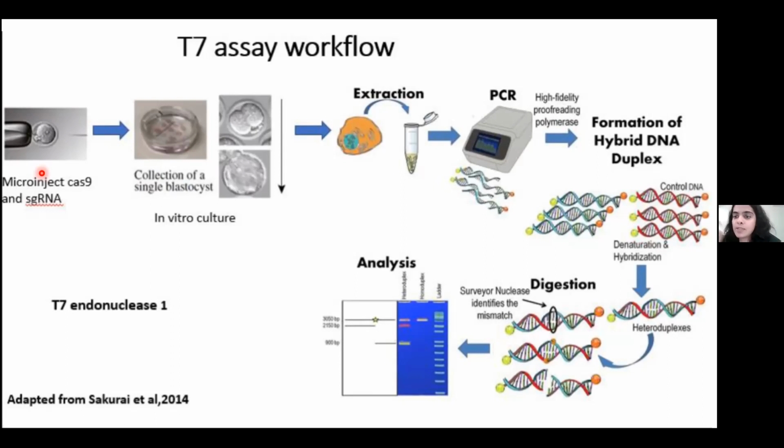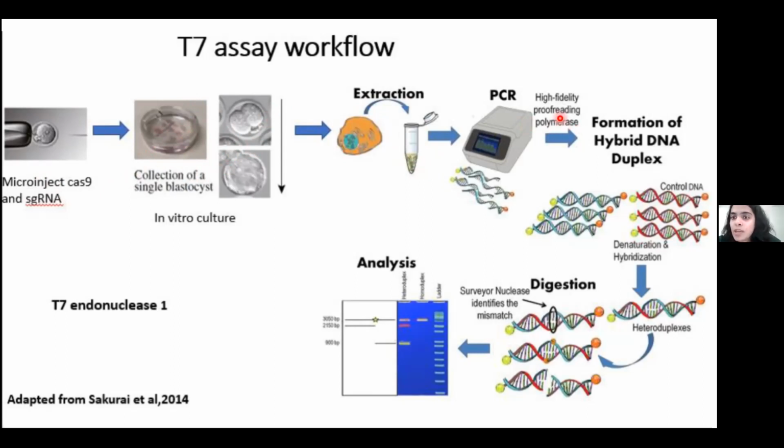So some cells will have random insertions and deletions and some cells won't. When you allow it to grow to the blastocyst stage and you collect the DNA, you will have a mixture of DNA with insertions and deletions and without.